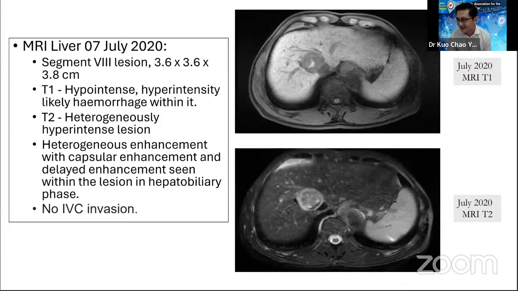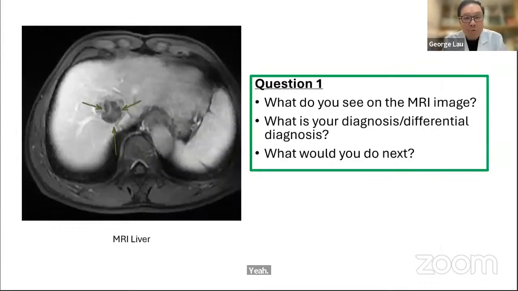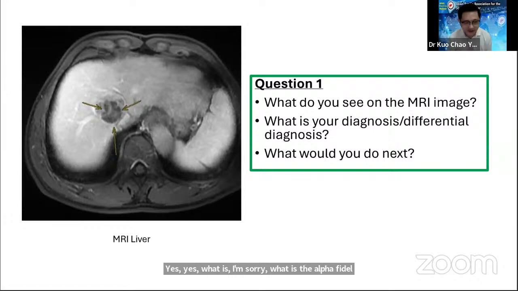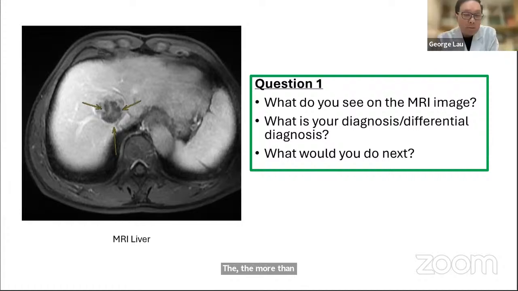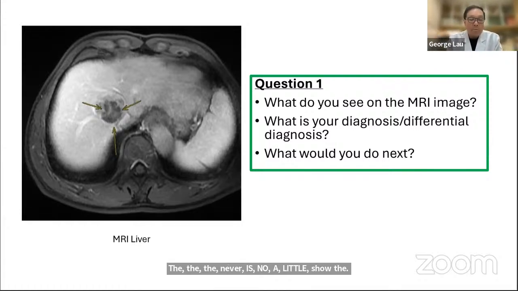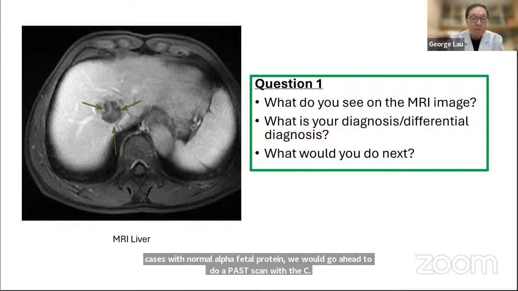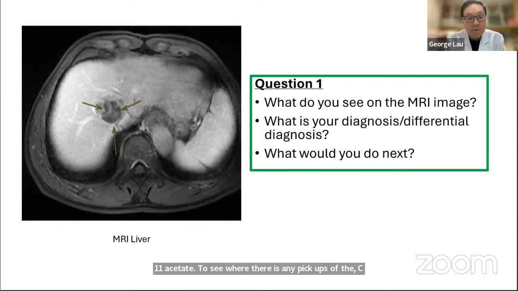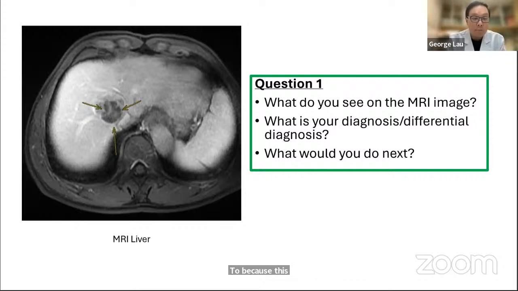Yes, Prof. Josh. What is the alpha fetoprotein level of this patient? The alpha fetoprotein level is normal. Well, because the imaging picture is compatible with hepatocellular carcinoma, in our setting in Hong Kong, for these cases with normal alpha fetoprotein, we would go ahead to do a PET scan with C11 acetate to see whether there is any uptake of C11 acetate in these lesions, because this could help us understand whether this is hepatocellular carcinoma.